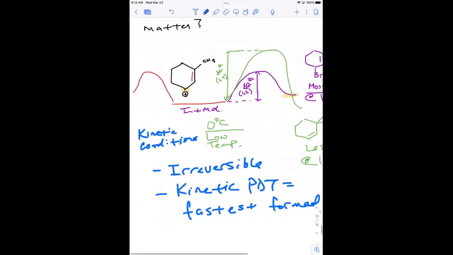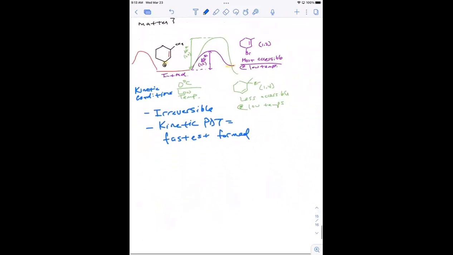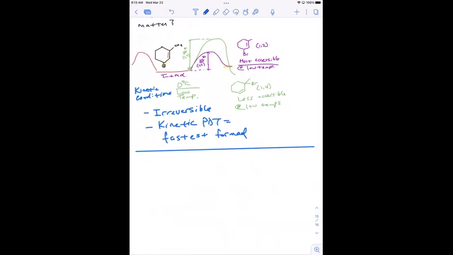All right. By the same token, if we did the reaction at a higher temperature and we started again at the intermediate, so I'm gonna copy this, if I can.